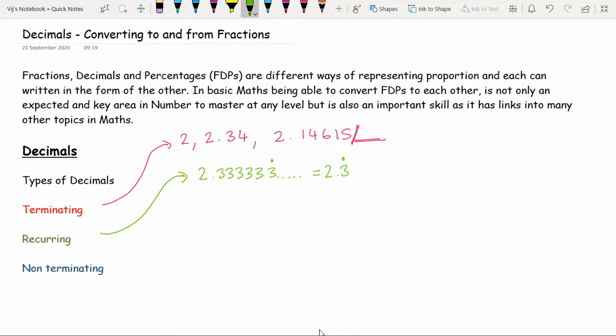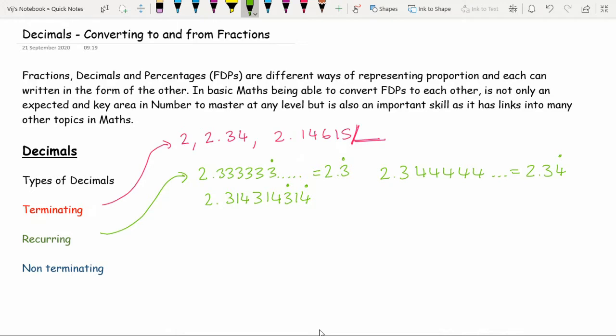A reoccurring decimal can also look like this, where you can have more than one digit repeating, so you can have 314, 314, 314, in which you'd have a dot where the pattern starts and a second dot where the pattern finishes. You can also get reoccurring decimals that look like 2.34444, and that continues, which can be written as 2.34 with a little dot on top.